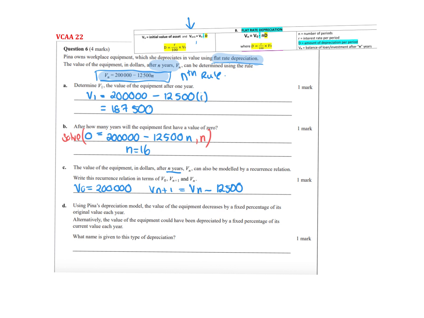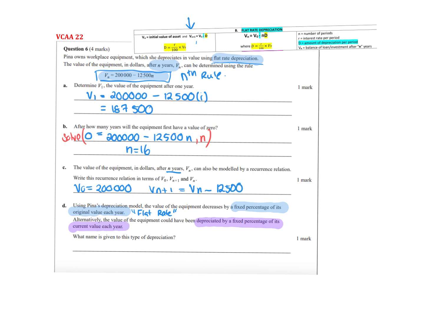Now, this one, I'm going to help you out with this one because we haven't actually covered reducing balance. So using Pina's depreciation model, the value of the equipment decreases by a fixed percentage of its original price. So this statement here, a fixed percentage of its original price, that is a way of describing flat rate. The next bit they say, alternative, the value of the equipment could be depreciated by a fixed percentage of its current value.